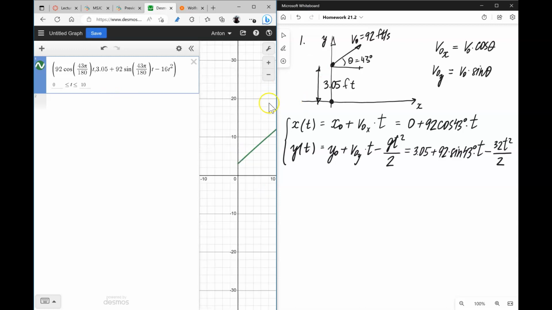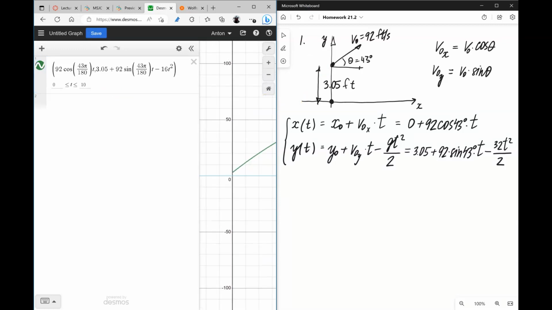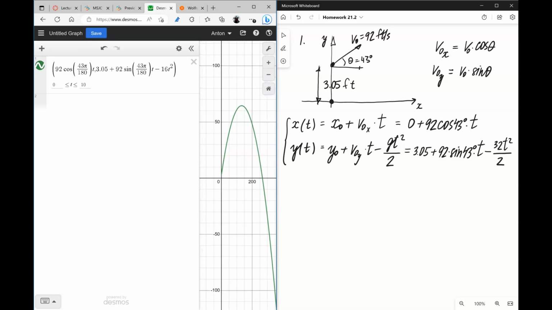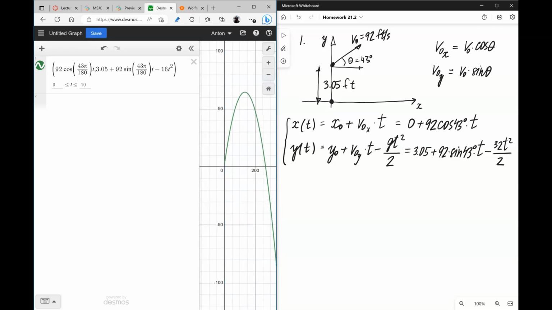And now we can see the trajectory of the ball, right? If you let it run for 10 seconds, it will fly pretty far, so it's not realistic. And it does hit the ground at some point. How far? Around 4 seconds, right?